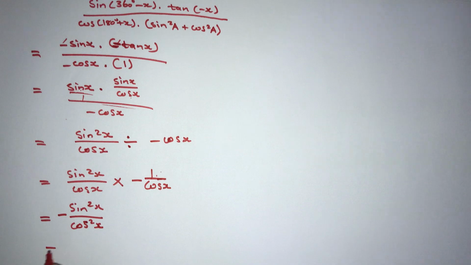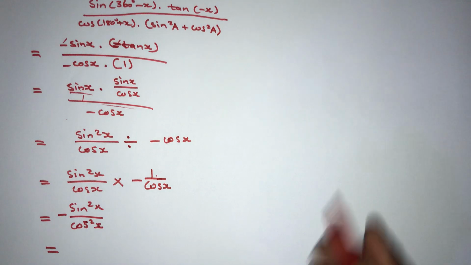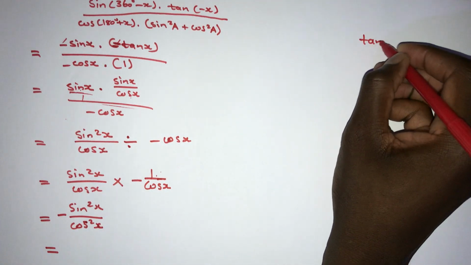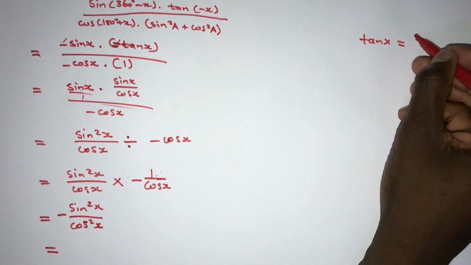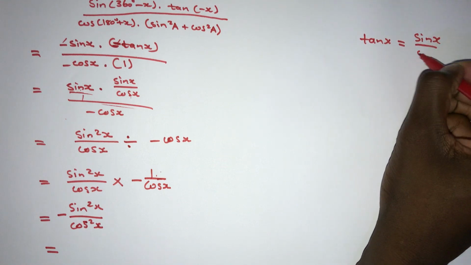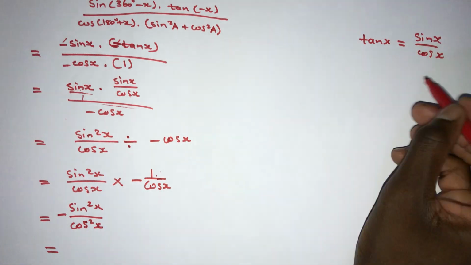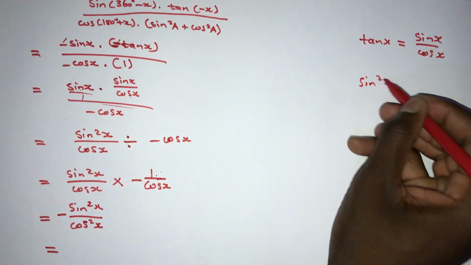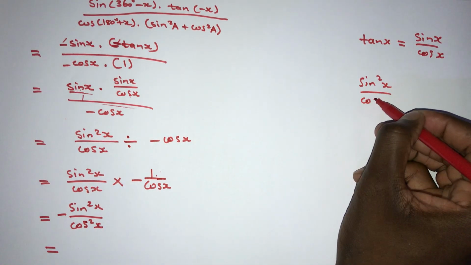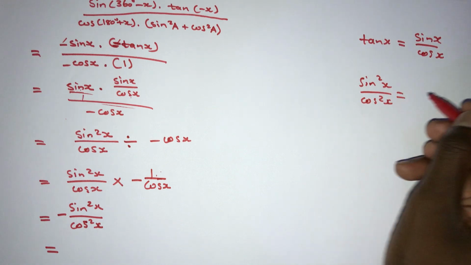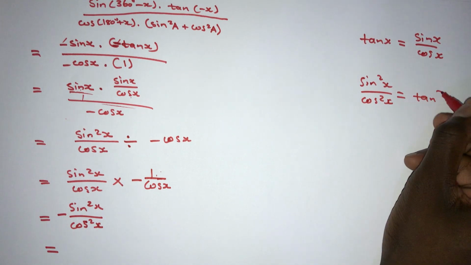And then we know this identity that sine divided by cos is tan. So we have tan x equals sine x over cos x. But since this one is sine squared x over cos squared x, this one's going to give us tan squared x.